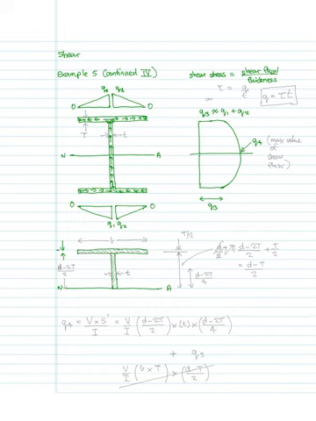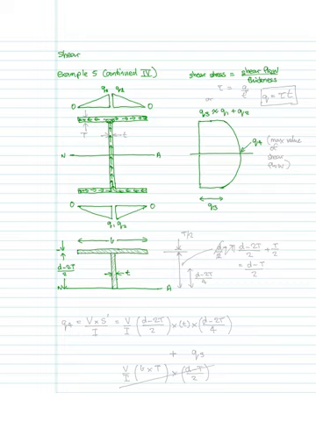So we have our thickness T. We have our distance down from the top, which would be big D, the overall depth minus 2T, and that would be divided by 2, so that's going to be that distance there.